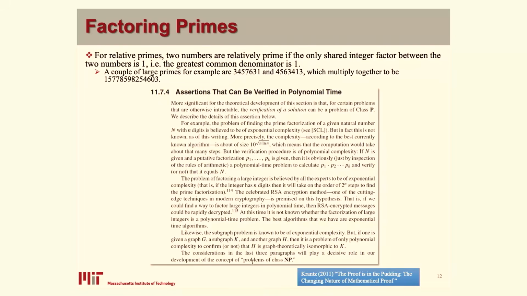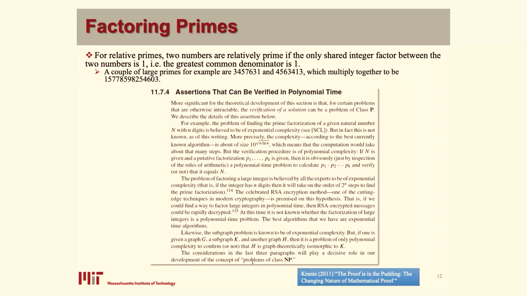But the verification procedure, when you have a solution, to verify that it is a solution, that's polynomial. So it's easier to verify stuff once you have a guess than it is to do the actual factoring to begin with.